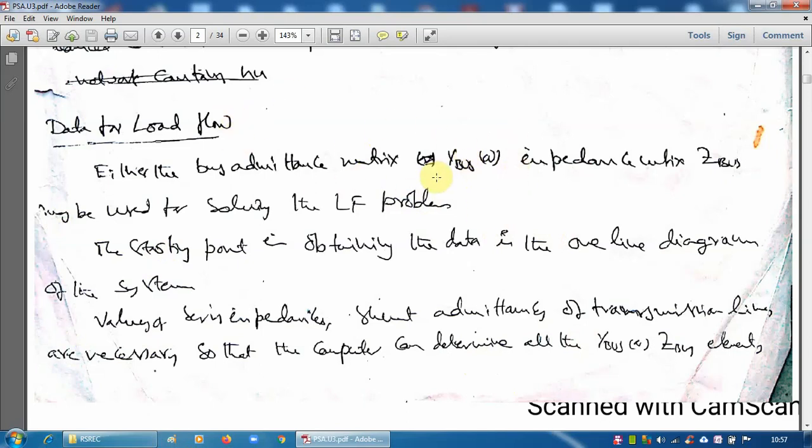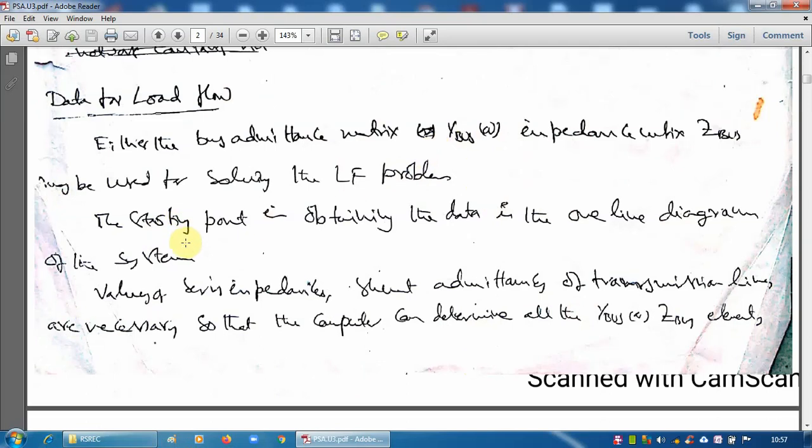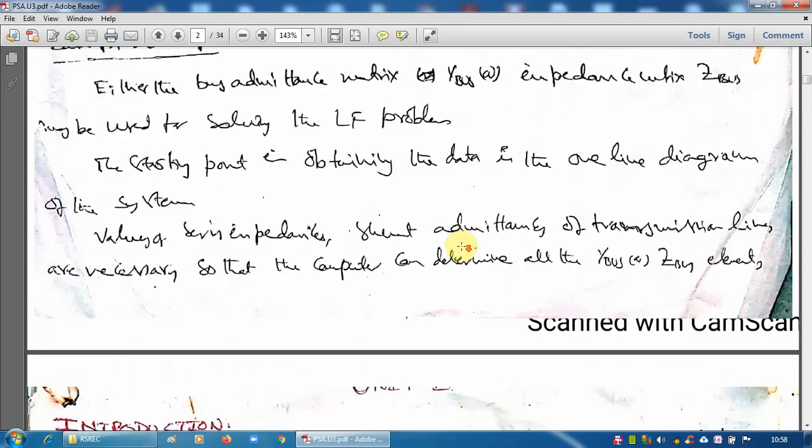That is one data we need. Next, the starting point in any data is the one line diagram. This is anyhow straightforward. Not only for this, for any type of study, we first of all need a one line diagram or single line diagram or schematic diagram that gives a clear picture of the system. That is needed for any type of study.